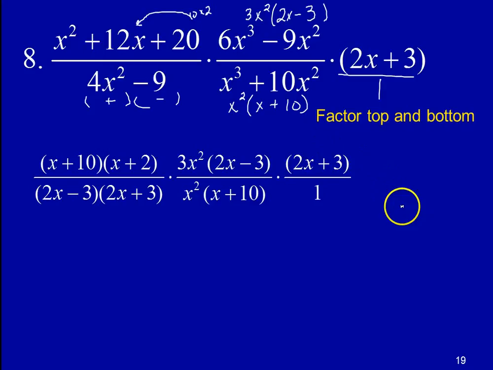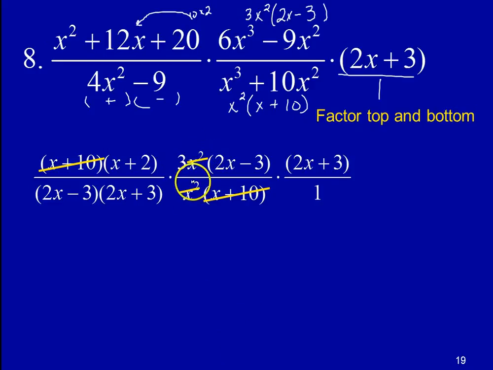Is there anything else I can factor? Is there anything else I can simplify before I start canceling? Nothing up there. So start canceling. X plus 10 on top, x plus 10 on the bottom. Nothing to pair with the x plus 2. Nothing to pair with a 3. I've got an x squared and an x squared, so those cancel out evenly.